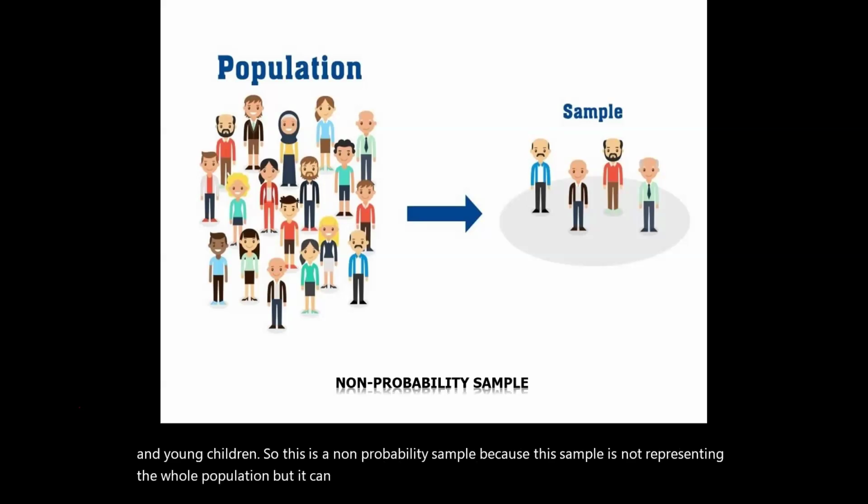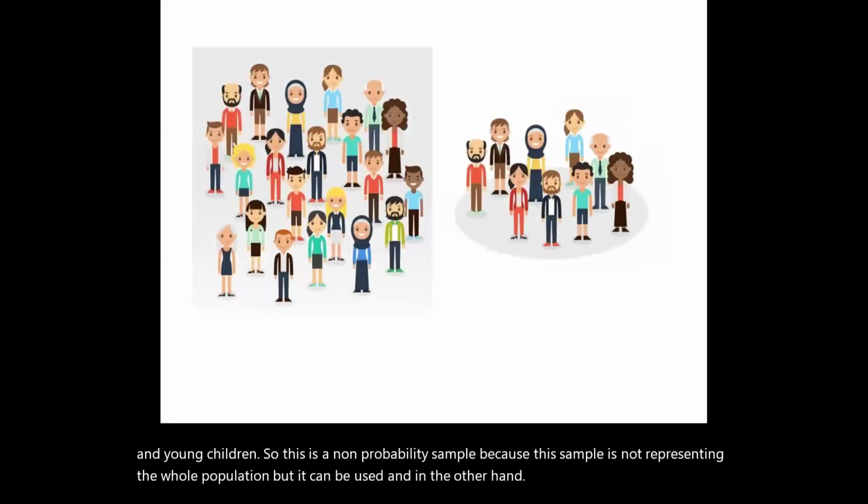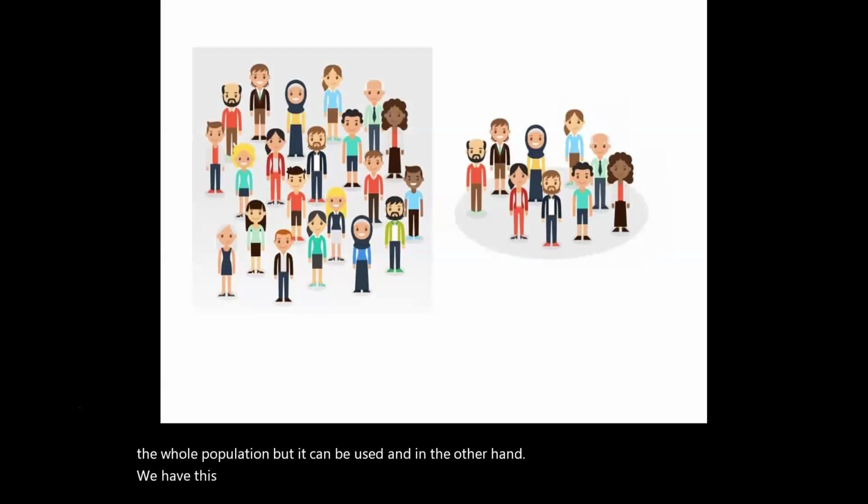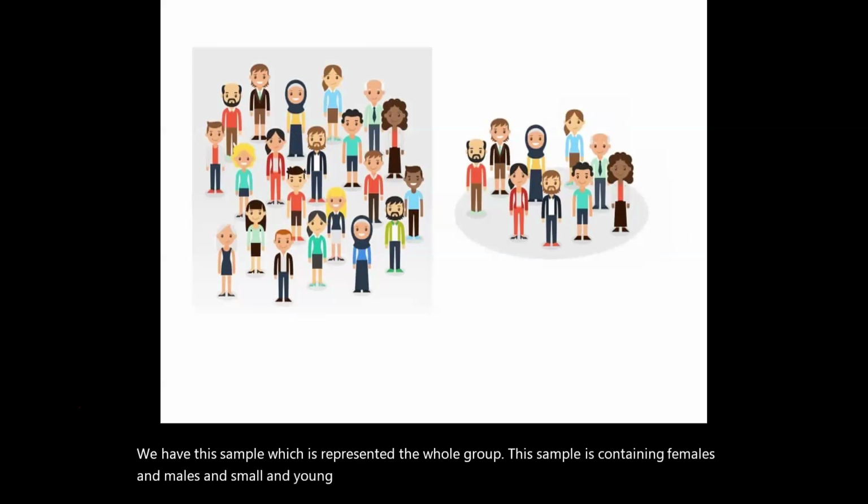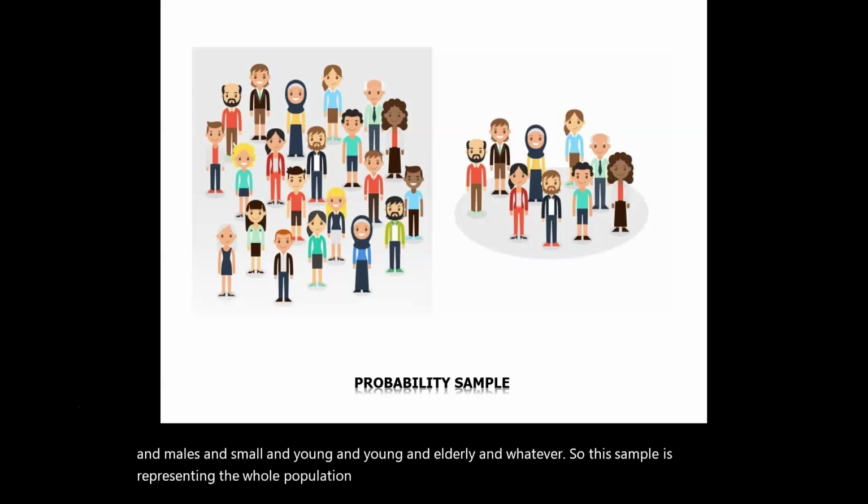On the other hand, we have this sample, which is representing the whole group. This sample contains females and males, young and elderly and whatever. So this sample is representing the whole population, and this is called a probability sample.